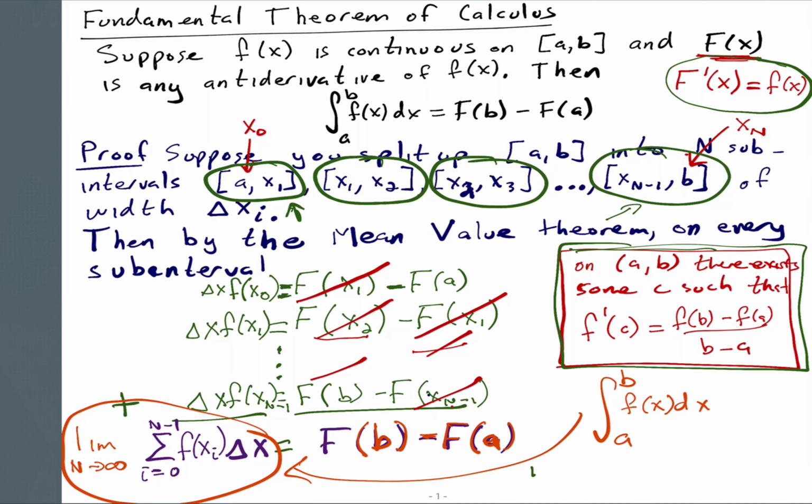So like I said, this strategy of splitting up into n pieces, n subintervals, and then adding them up, and then I recognized, well, in this case I had to use the mean value theorem a little bit, but once I did that, I noticed that the infinite sum is actually an integral.